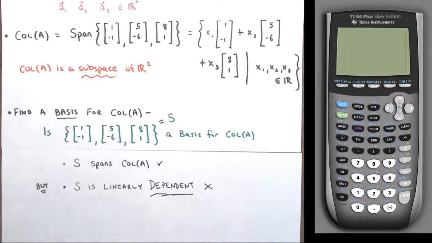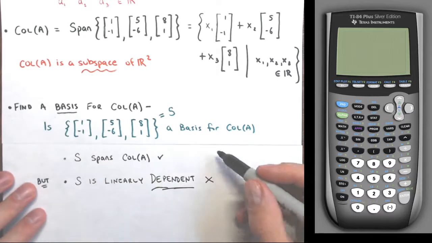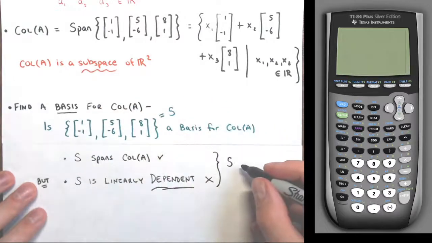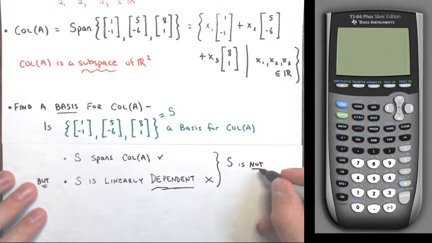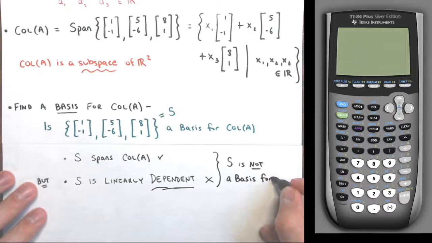And I talked about that in a previous video. So this is a linearly dependent set, meaning that S here, this set of the 3 vectors that I started with, the 3 columns of A, is not a basis for the column space of A.